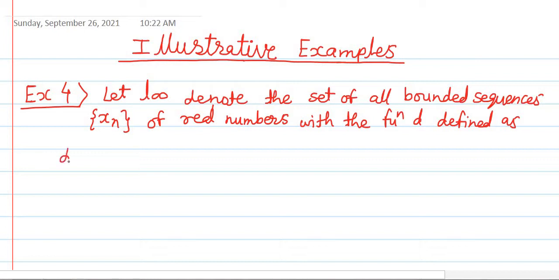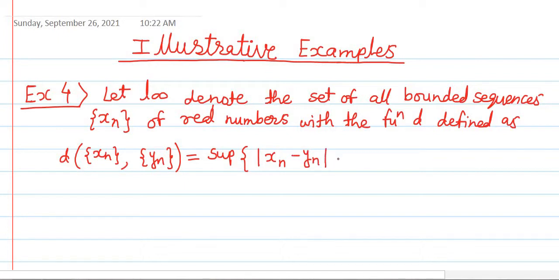It is defined as d of sequence xn, sequence yn, equal to the supremum, in short sup, of the set of all absolute values of xn minus yn, where n ranges over the set N of natural numbers.